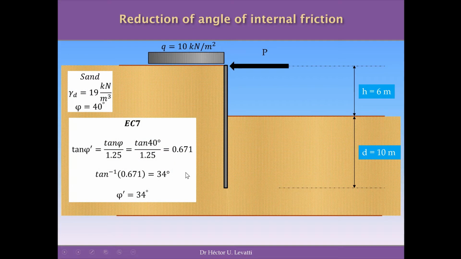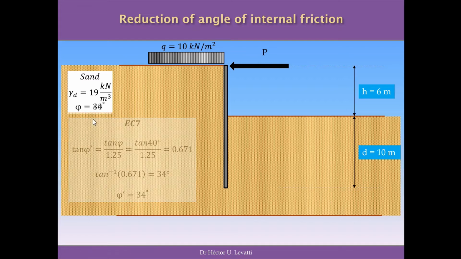So this is what I'm going to do now. As we did before, remember that we apply the coefficient 1.25 dividing the tangent of the angle of internal friction, which is 40 initially. After this calculation, we had to apply the inverse of the tangent of this value, 0.671, and we got 34 degrees for the new, reduced angle of internal friction.